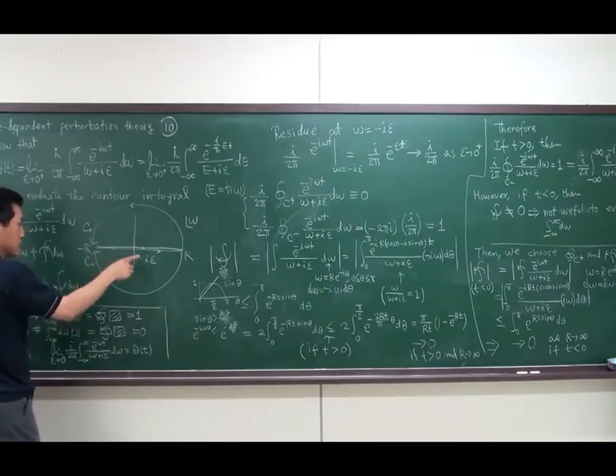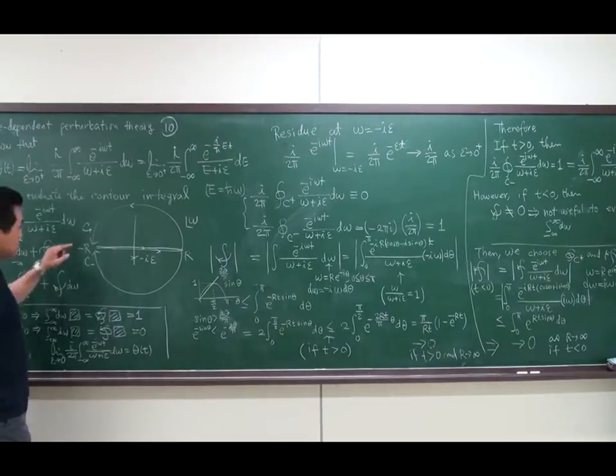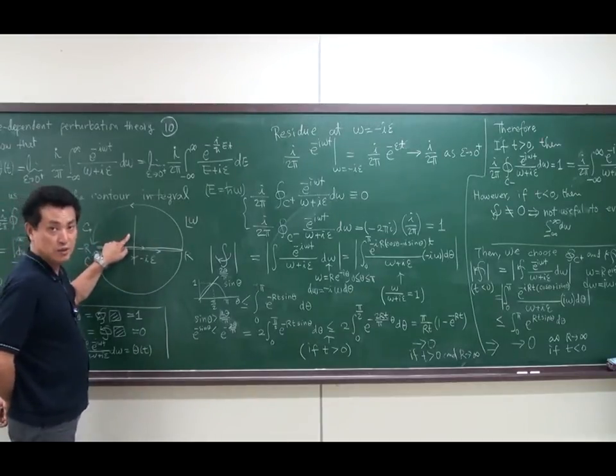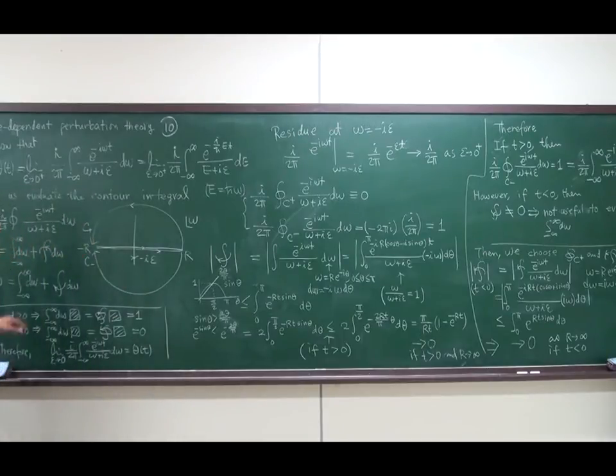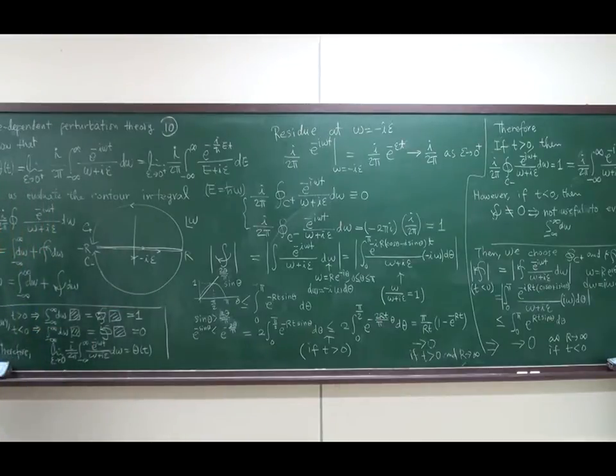Minus r to r, and take the limit as r goes to infinity. Then we find that this C plus contour integral is 0. And the residue of this integrand is at omega equal to minus i epsilon. That residue can be found by replacing omega by minus i epsilon here. So we have exponential minus epsilon t as the residue.